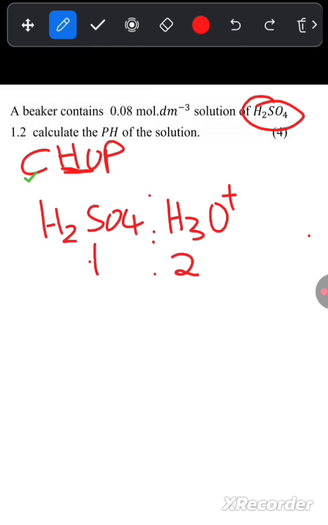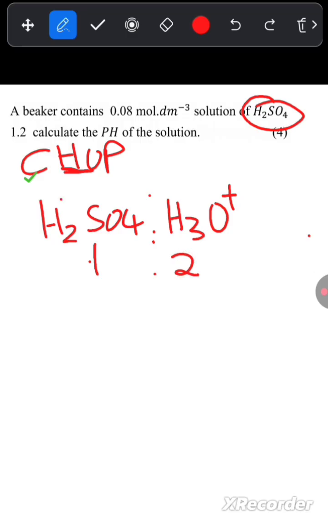The reason we say 1, the 1 is for the one acid. We only have one acid. So in one acid, we have 2 hydrogens. And because we have 2 hydrogens, it means even the hydronium ions will be 2.